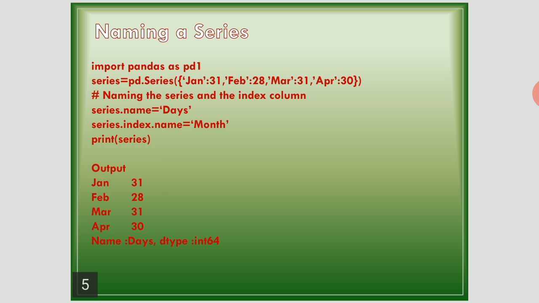So how to name the series and the index column? We have to give series.name is equal to days, and series.index.name we are giving month. On printing series, the same output is there, but after displaying the output, it is displaying the name, days, and the data type as int64.